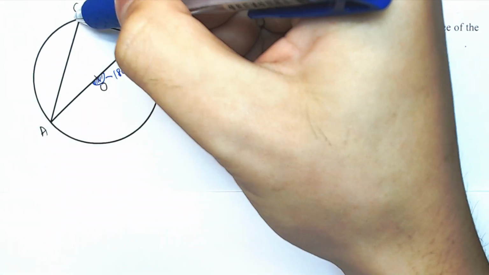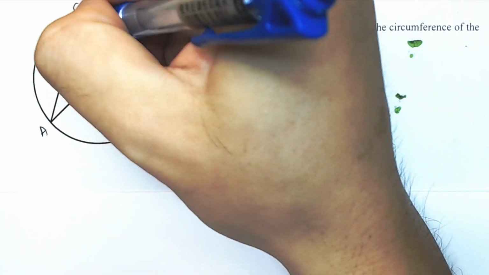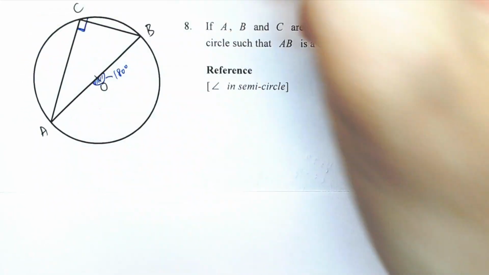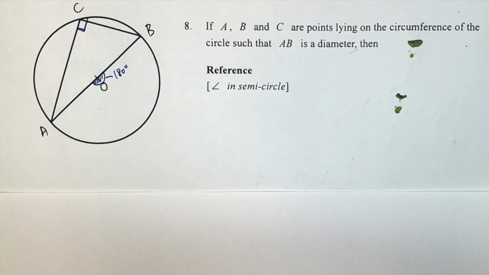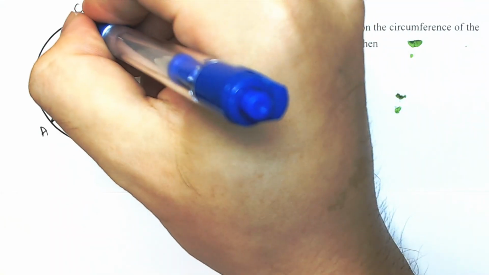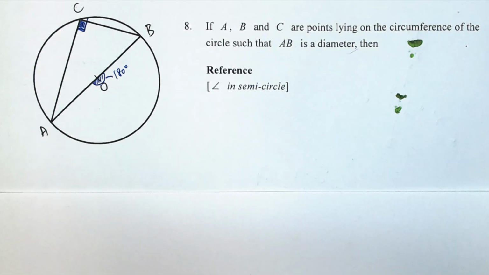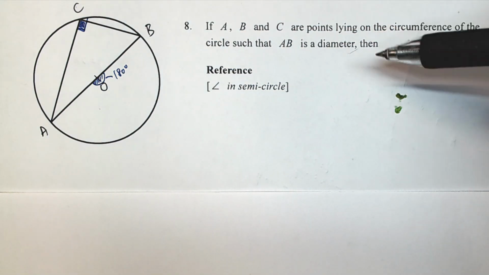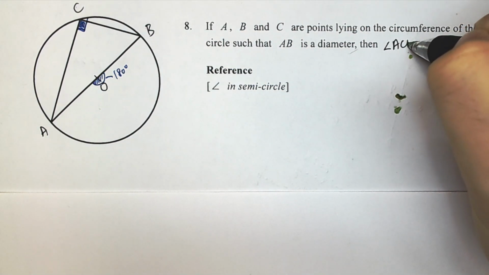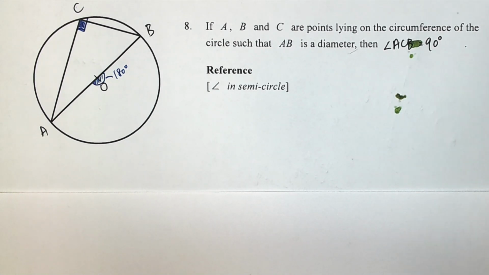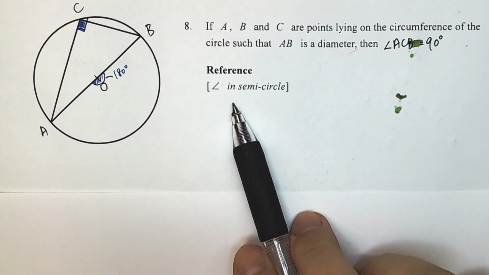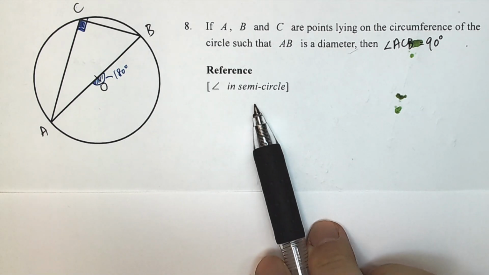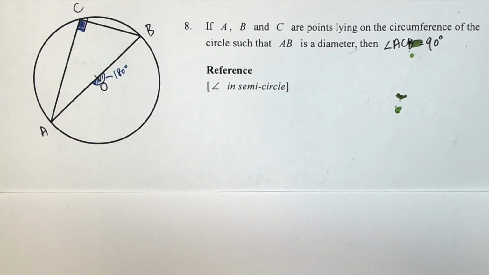That means the angle at the circumference would be half of it, and that is a right angle. So in order to use this specific angle, 90 degrees, we can directly quote the reference: angle in semicircle is 90 degrees, because ACB is indeed a semicircle.